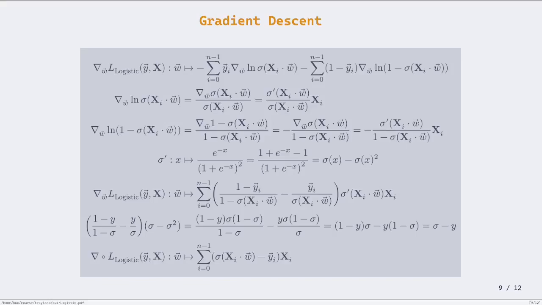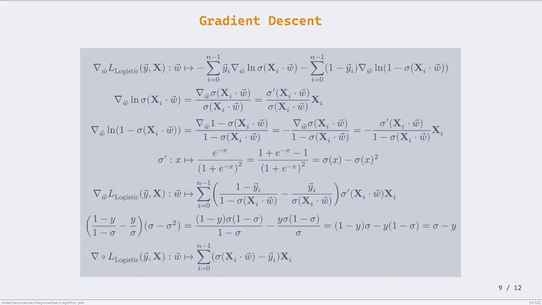And you can think of this as, if your output is 1 and the real output is 1, or if your output is 0 and the y is 0, then you're not going to make any difference.